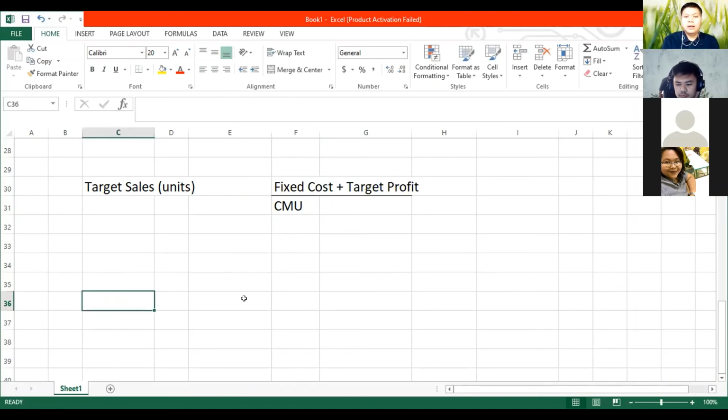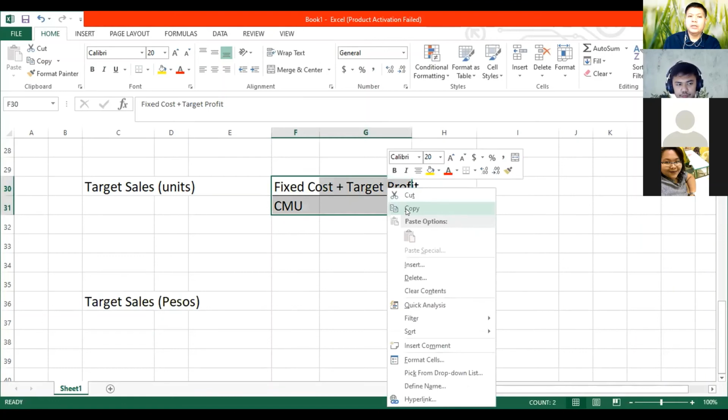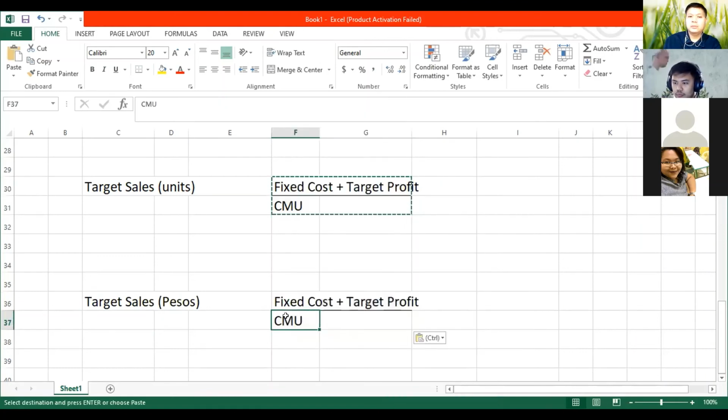What if its target sales in pesos? O therefore, this is what? Same lang, palitan ko lang yung denominator into what? Change CMU to what? It becomes what? CM. So those are our formulas. All right, let's check it.